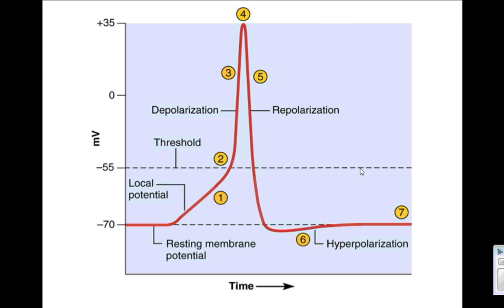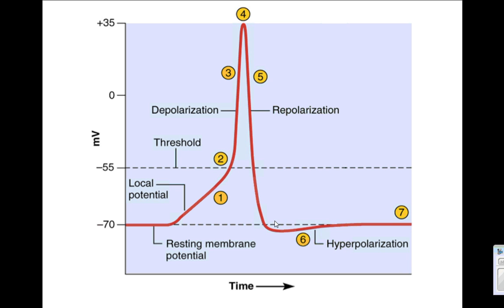As potassium rushes out with its positive charge, what's going to happen to the inside of our plasma membrane? Inside of our cell is going to be returned back to negative, right? So look what happens. We're repolarizing. We reach negative 70. We're back at resting membrane potential.